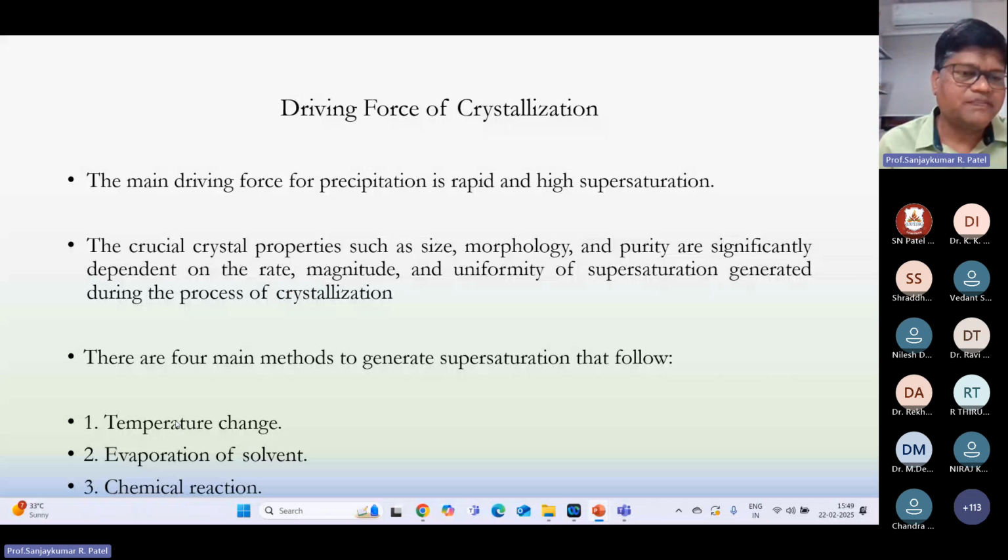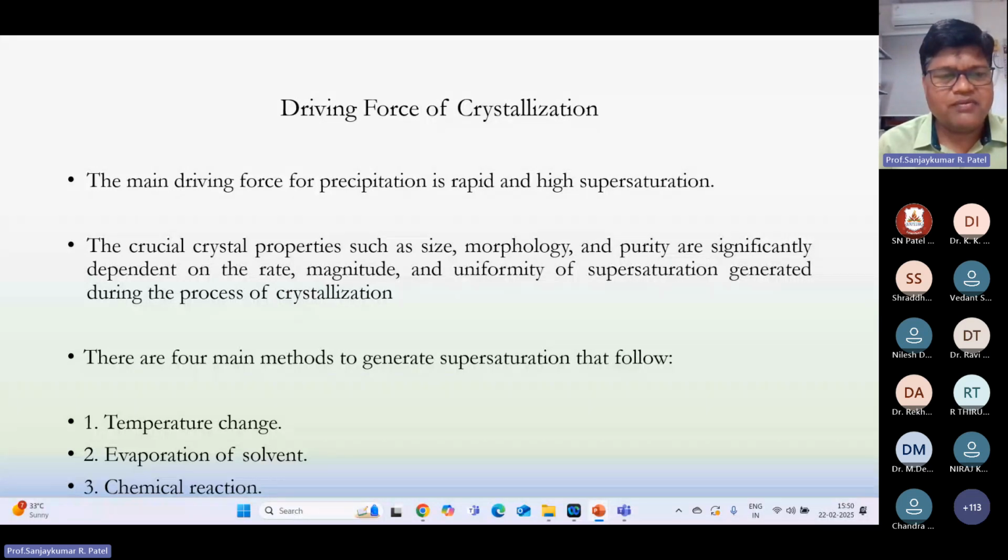One, we can change the temperature to create the supersaturation. Another is we can remove the solvent, the technical term being evaporation of the solvent. The third one is doing a chemical reaction.